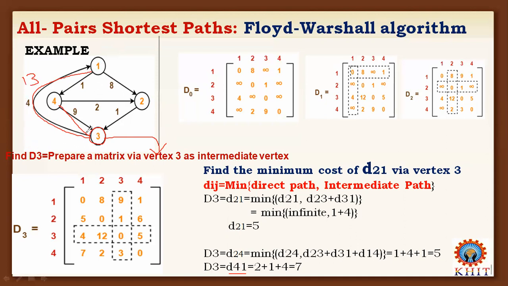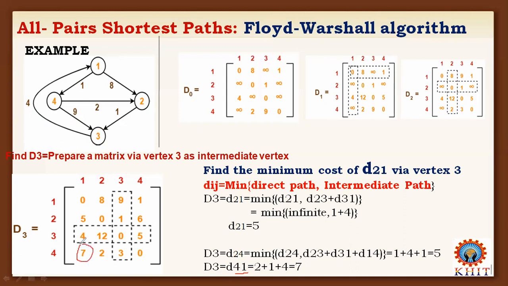From vertex 1 to vertex 3, we will see another way through vertex 3. Find the distance from vertex 4 to vertex 1.